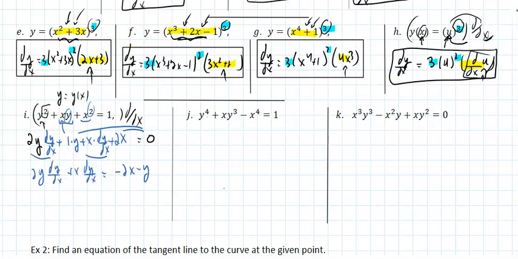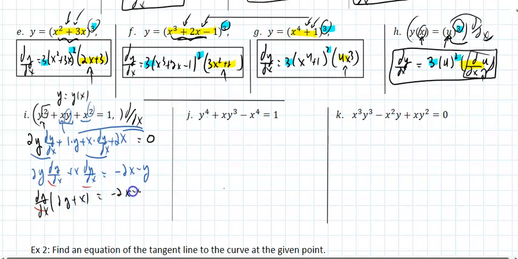And since dy/dx is common in both, I factor that. And dy/dx would be, you would divide by that mess. You could factor a negative out of the top, but that wouldn't matter.